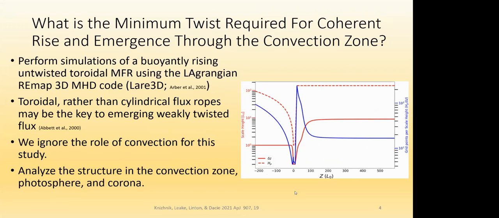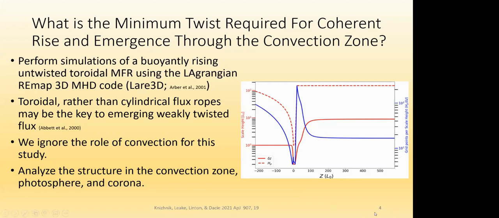But we decided to try to put in a half torus into our simulation to see what happens to it as it is made buoyant. So we initialize the simulation with a half torus with no twist whatsoever. We're going to ignore convection for this study, and we're going to use the layer 3D code to study what happens to the untwisted half torus as it rises and after it's made buoyant.